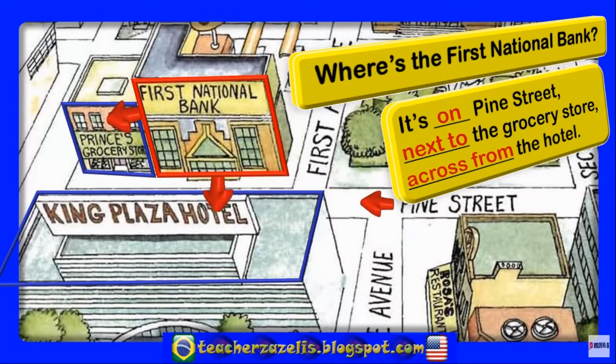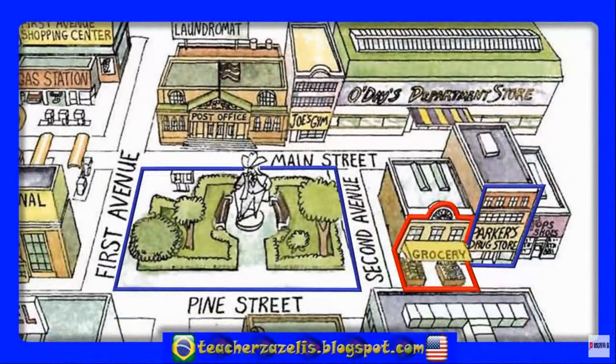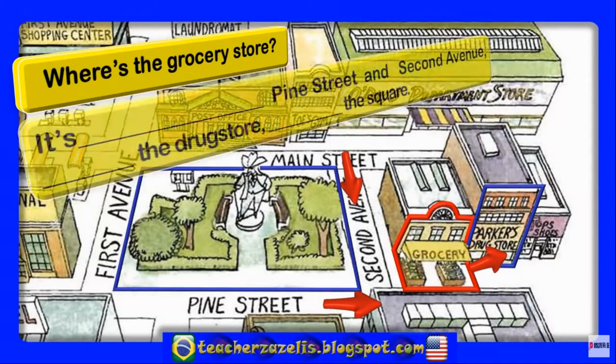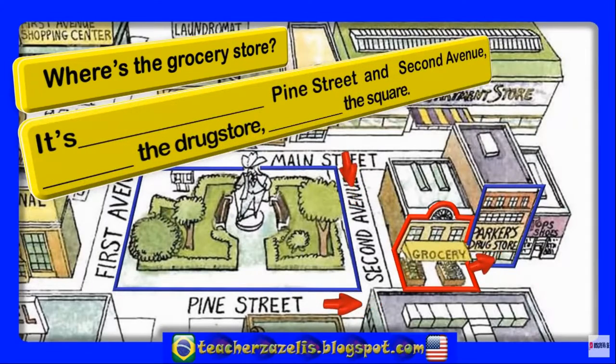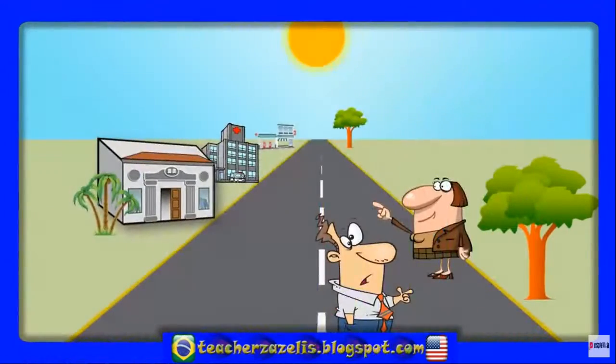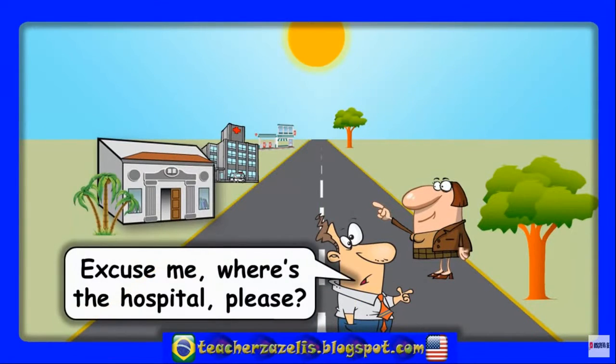It's on Pine Street, next to the grocery store, across from the hotel. Where's the grocery store? It's on the corner of Pine Street and 2nd Avenue, next to the drugstore, near the square. Excuse me, where's the hospital, please?